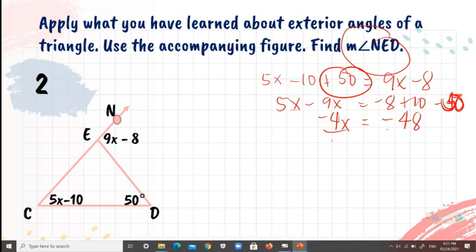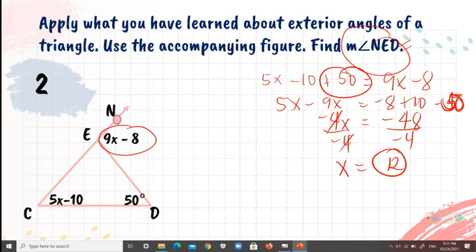And then you will have to divide both sides of the equation by negative 4. So you will have here x equals 12. Okay? So we only have here the value of our x. So we're not yet done because in the direction, you are going to find the measure of angle NED. So in our given, we have here 9x minus 8 for the representation of the measure of angle NED.